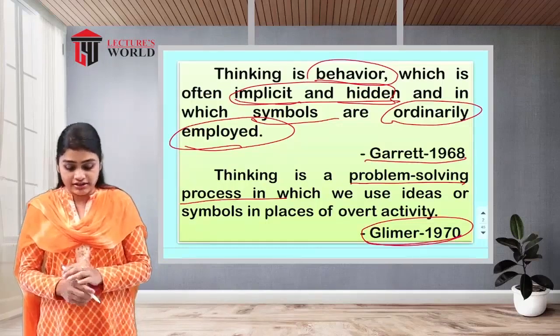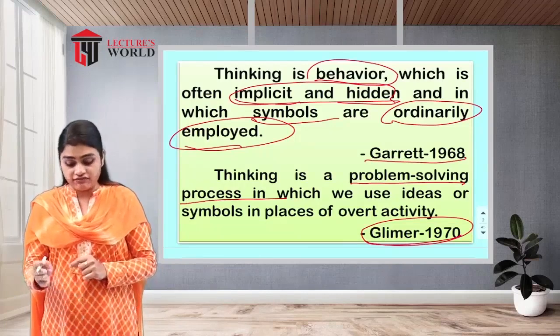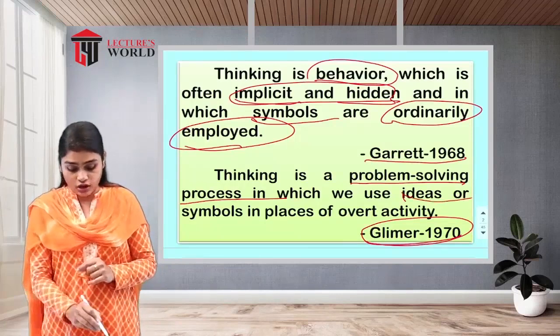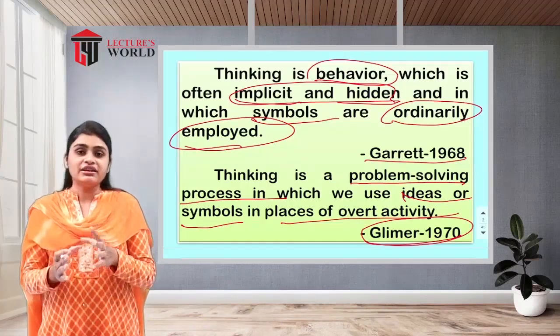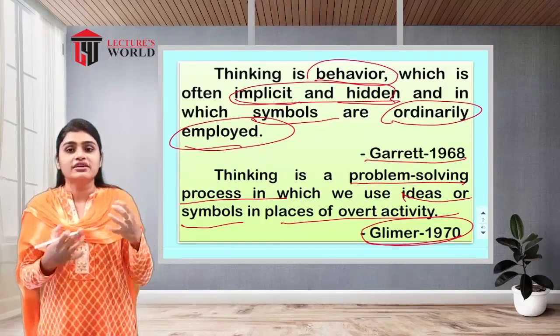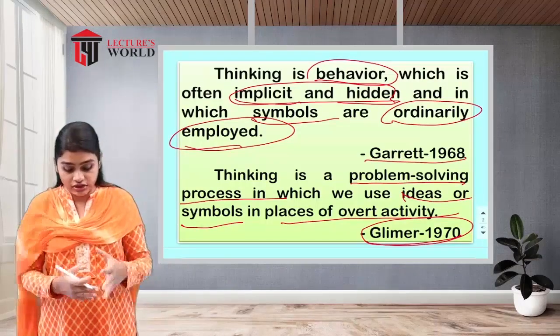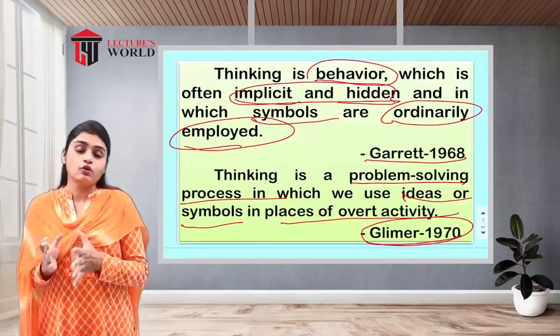That's why thinking is called a problem-solving process in which we use ideas or symbols in place of overt activity. That means instead of actual activity, some ideas and concepts are there in our mind.